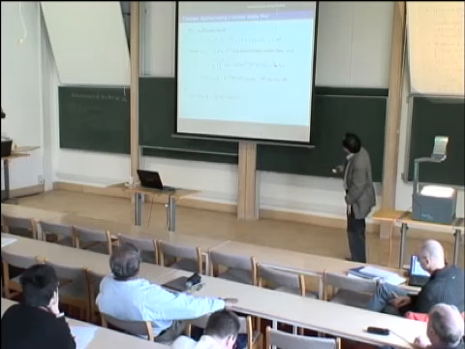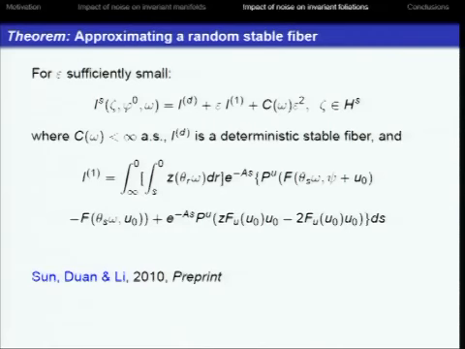Now, for epsilon small, we have the approximation. The main term is the deterministic fiber. The correction term is written in terms of our known deterministic information, except for Z. Z is a stationary orbit that I used in the Doss-Sussmann transformation.